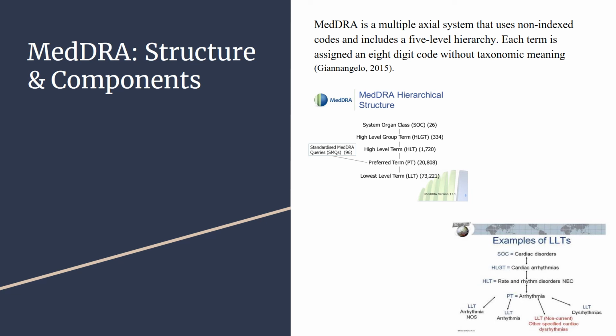The PT level contains distinct descriptors representing a single medical concept, which includes symptoms, signs, diseases, diagnosis, therapeutic indication, investigation, surgical procedures, and medical family characteristics. And the LLT level contains synonyms, quasi-synonyms, or lexical variants of the PT to which they are linked as stated before.